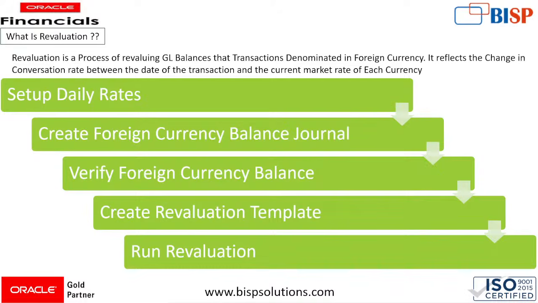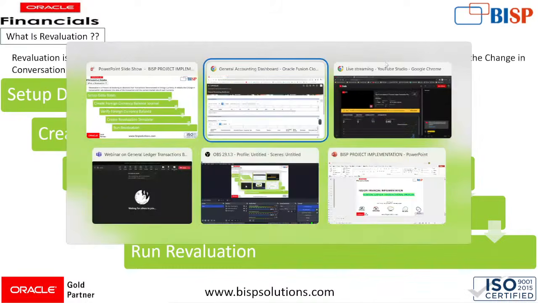Then we will create the revaluation template and run the revaluation, and we will check it out with the revaluation journal, right? So the system will create a revaluation journal. As a use case, the client has provided me the daily rates. So let me open the daily rates and update the daily rates in the application.